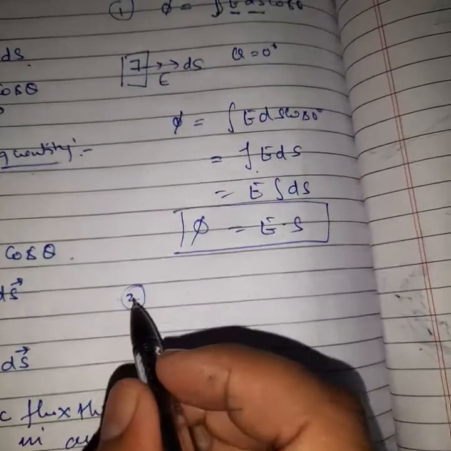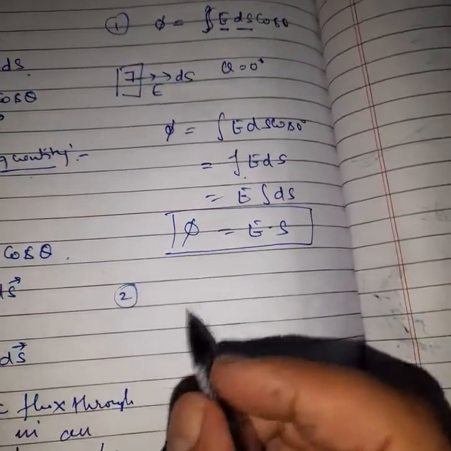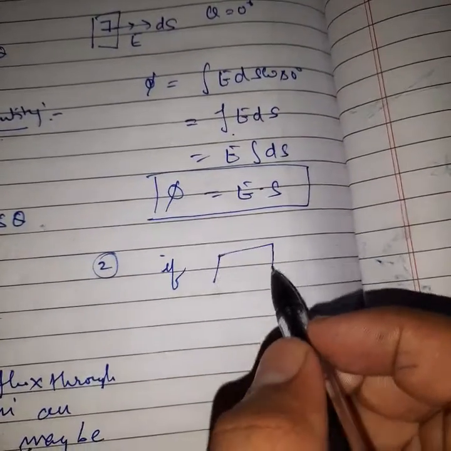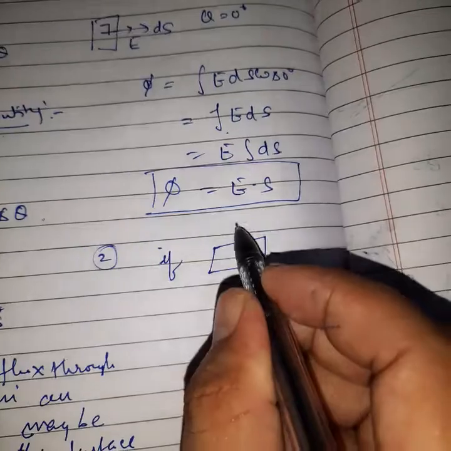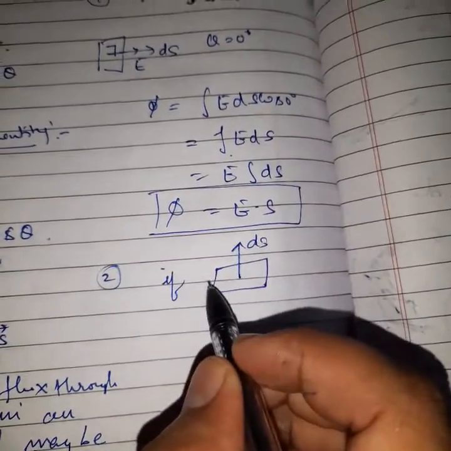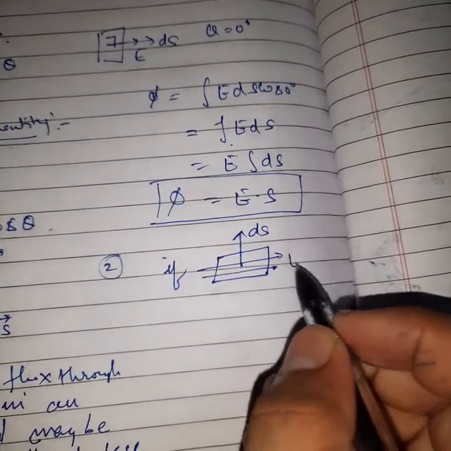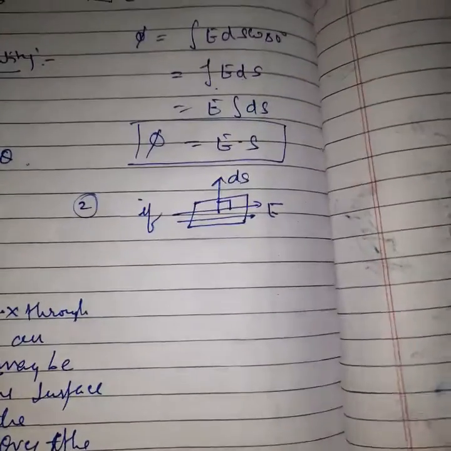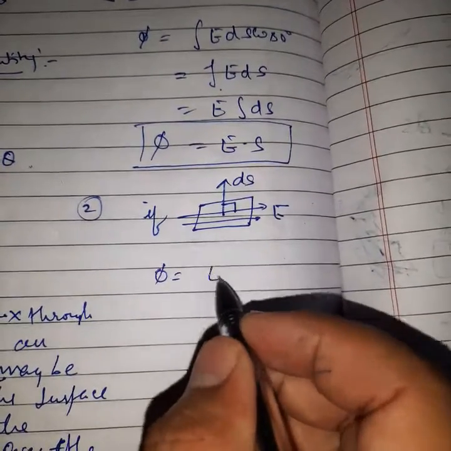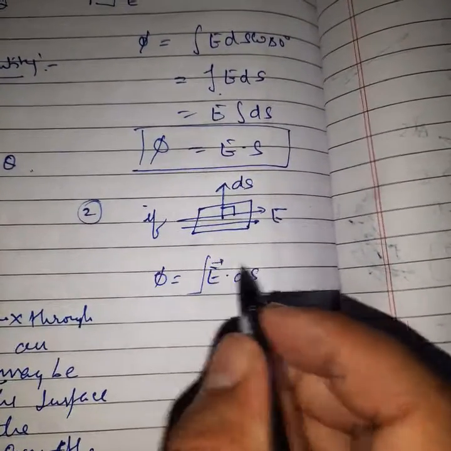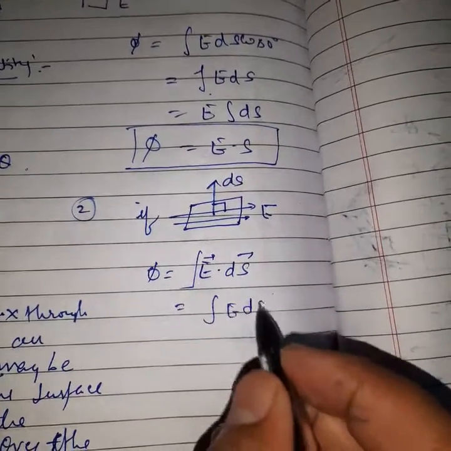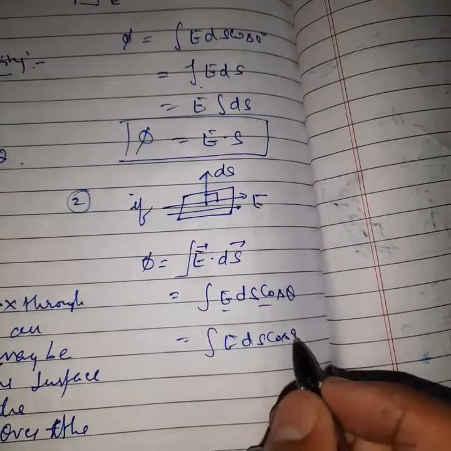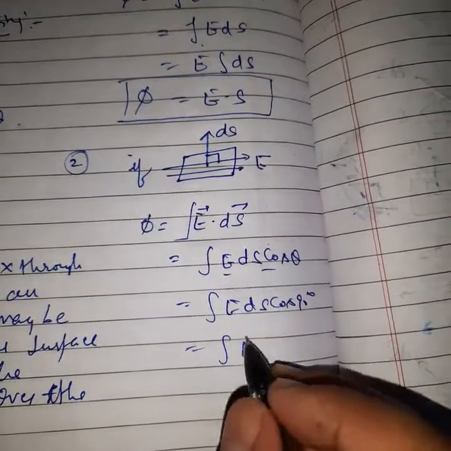Point number 2, a very important point also. Listen: this is any surface, the area vector of it is upward, this is ds, and the electric field line passes through it like this, E. The angle between them is 90 degrees. So φ = E · ds, which is E ds cos θ. With the angle 90 degrees, E ds cos 90.